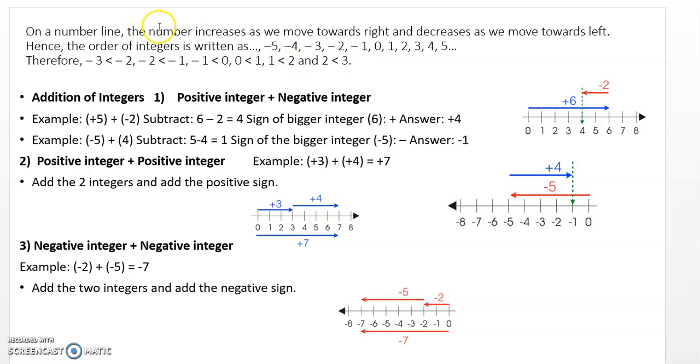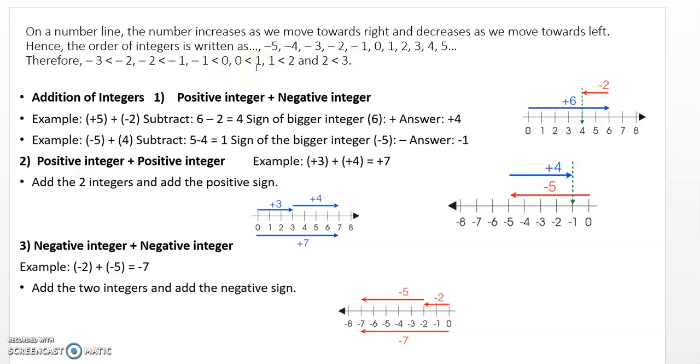So how do you write the order of integers? If the numbers -4, -3, -2, -1 are given, how do we write them? -3 will be less than -2, -2 will be less than -1, and -1 will be less than 0.